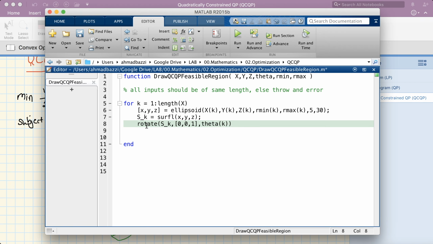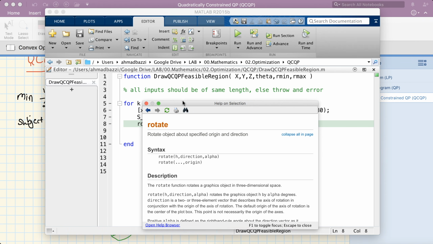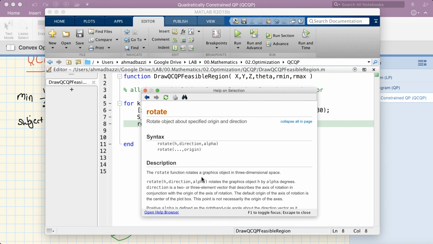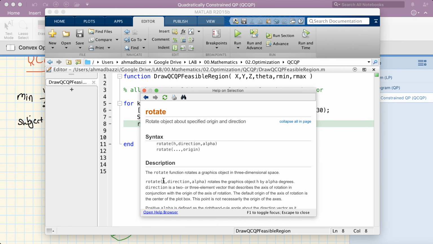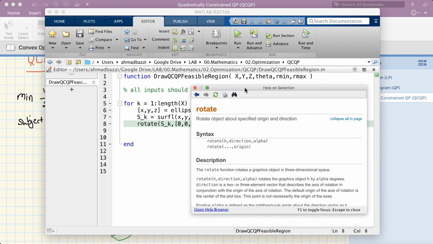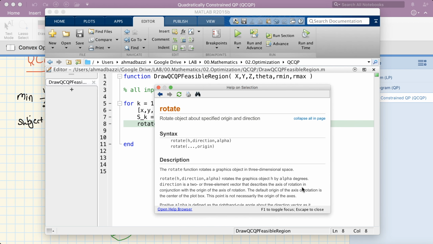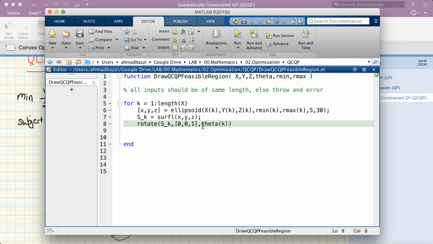Okay, so documentation of rotate, here you have it. It rotates the object h by alpha degrees. So this defines h and alpha, and what is direction? It is a 2 or 3 element vector. In our case, it's 3 because we're going to plot in 3D, that describes the axis of rotation. Since I defined it as 0, 0, 1, it means I'm rotating about the z, and that's basically it.